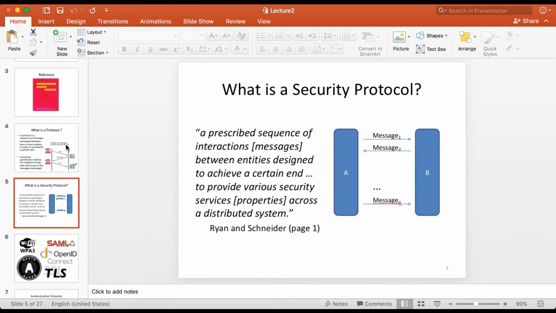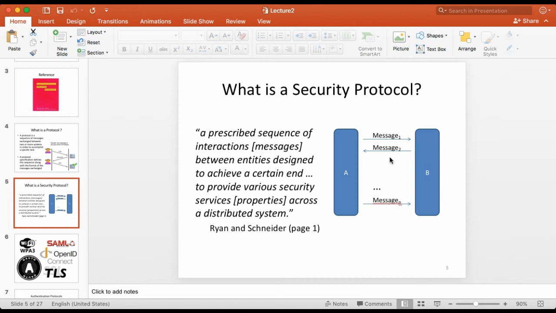So moving on, we ask ourselves, if that is what a protocol is, what is a security protocol then? Well, a security protocol is nothing other than a standard protocol, except that it has as its goal achieving some security related property. So it's like any other protocol, a predefined sequence of messages.